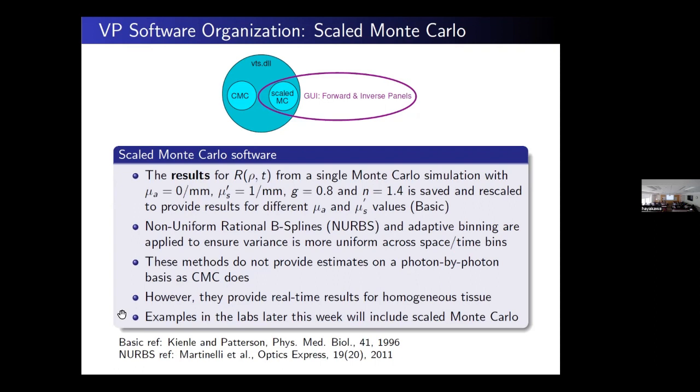I want to touch base on something called scaled Monte Carlo. It's used in the GUI; the forward and inverse panels use the scaled Monte Carlo. I show it as a Venn diagram. It's separate from the conventional Monte Carlo because it's a different piece. Keeley and Patterson took the results of reflectance versus source detector separation and time, and provided a way to scale those results. They've already run and averaged all the photons.